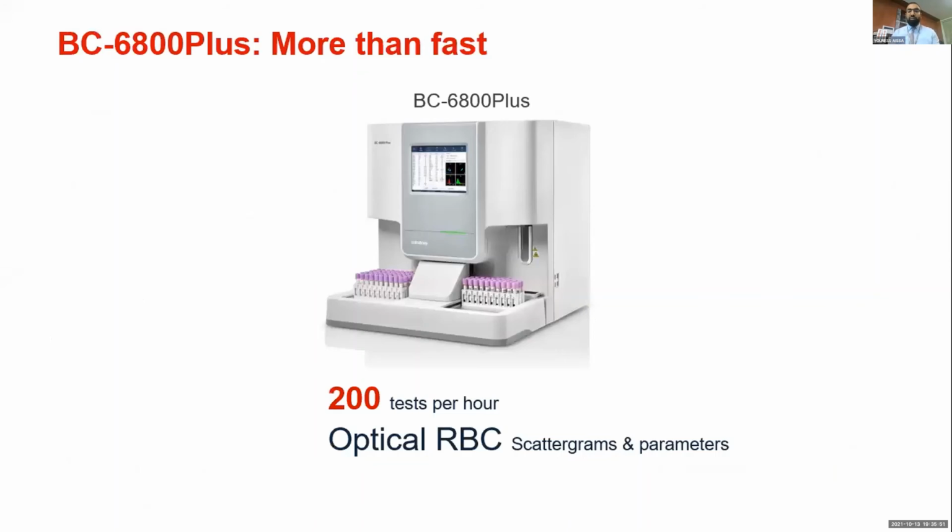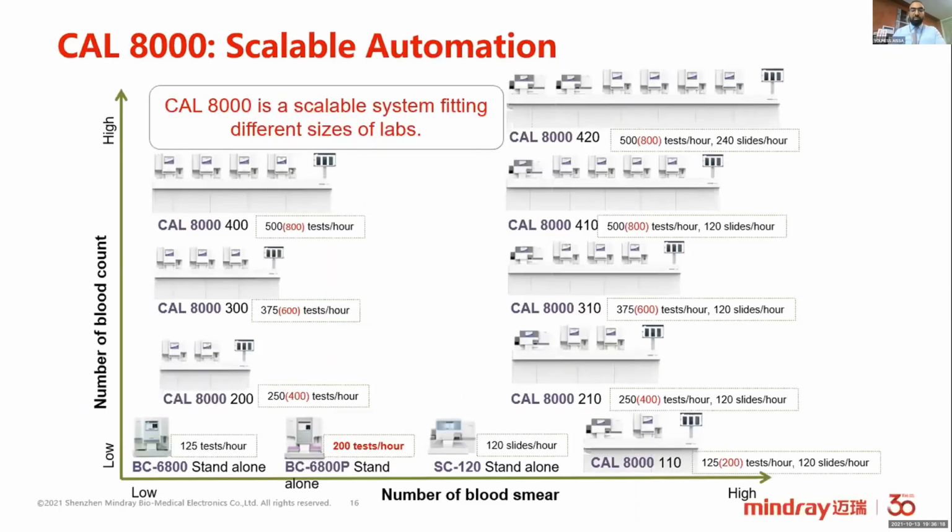Also, the big brother of BC 6200, we have BC 6800 plus, a big machine with a throughput of around 200 tests per hour, with optical RBC and also optical platelet counting, also using scattergram and parameters and all information that we saw before, and also some additional important information.